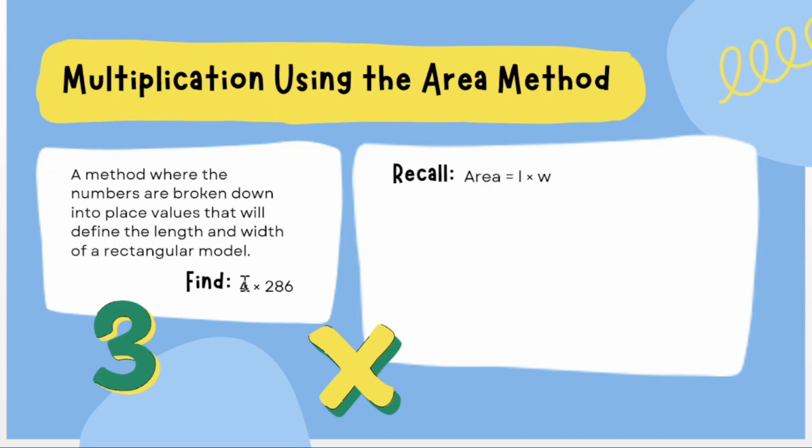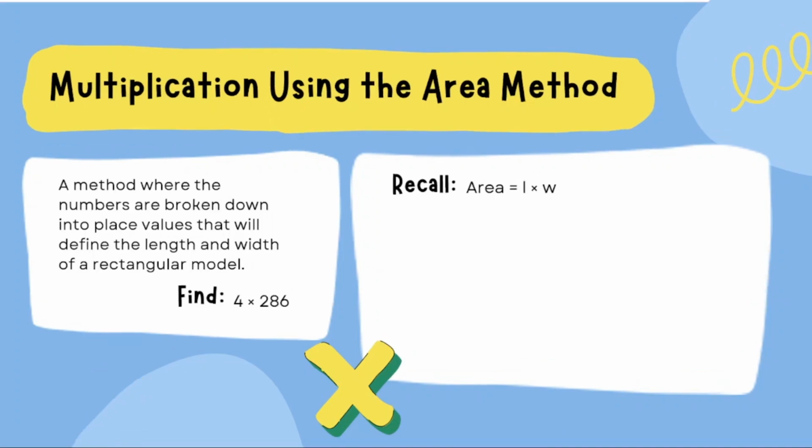We are asked to find 4 times 286. If you recall, the area of a rectangle is length times width.